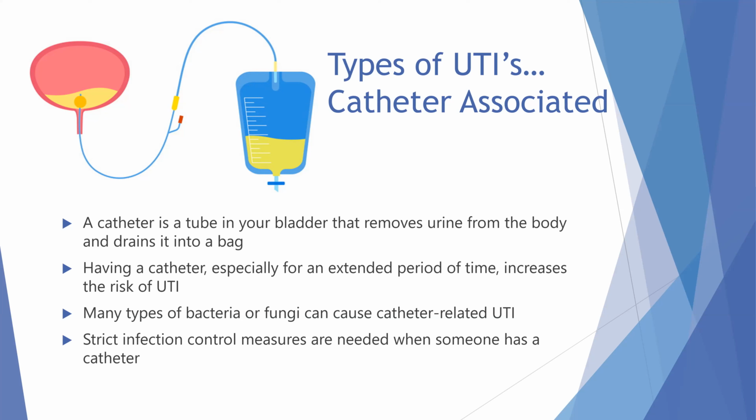They tend to get yeast type infections of their catheter and then UTI from that. The big point with catheters is that really strict infection control measures need to be used anytime someone has a catheter, and with any care that's being provided to that individual for pericare, bathing, incontinence, etc.